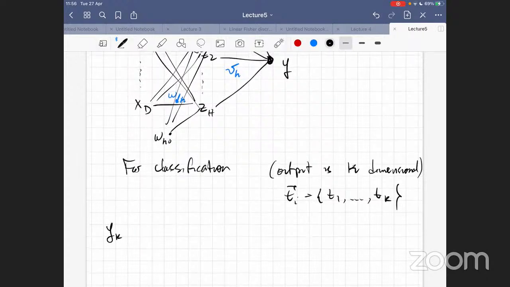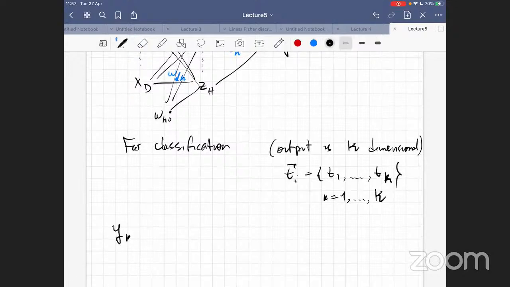Okay, I will have an output for k from 1 to capital K. And then, let me write it below. So for each of these k, I have the same thing.